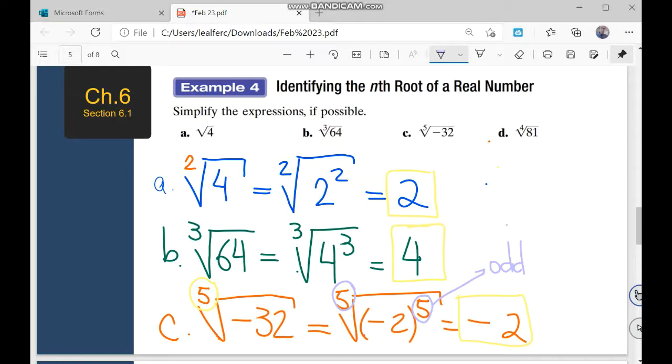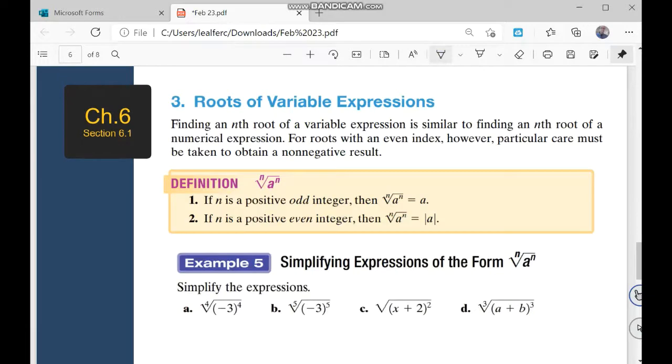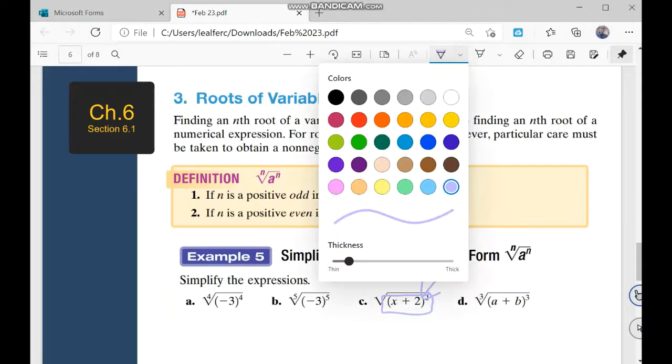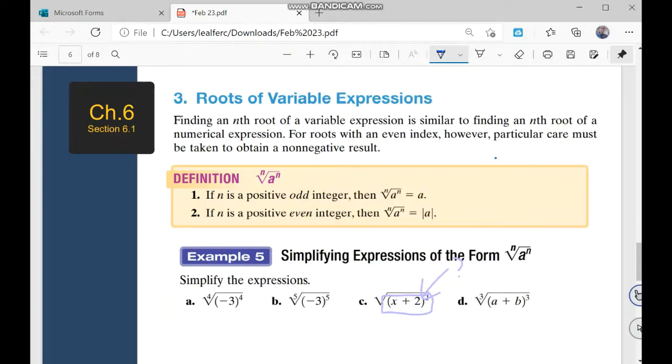This is one situation. Let's check another. Sometimes we have a variable. We don't have a number inside the root. We have an expression just like this. How do we solve it if it's a variable? You're going to apply this rule here.